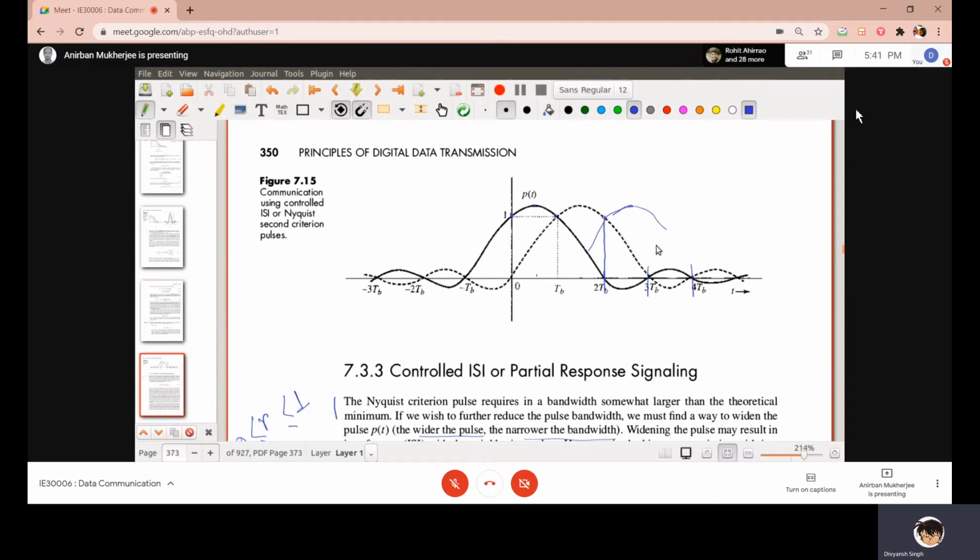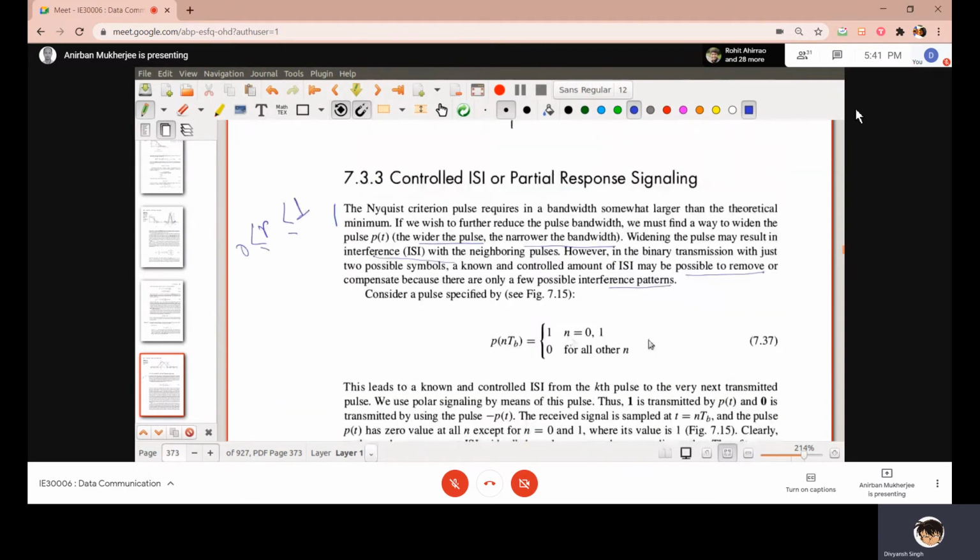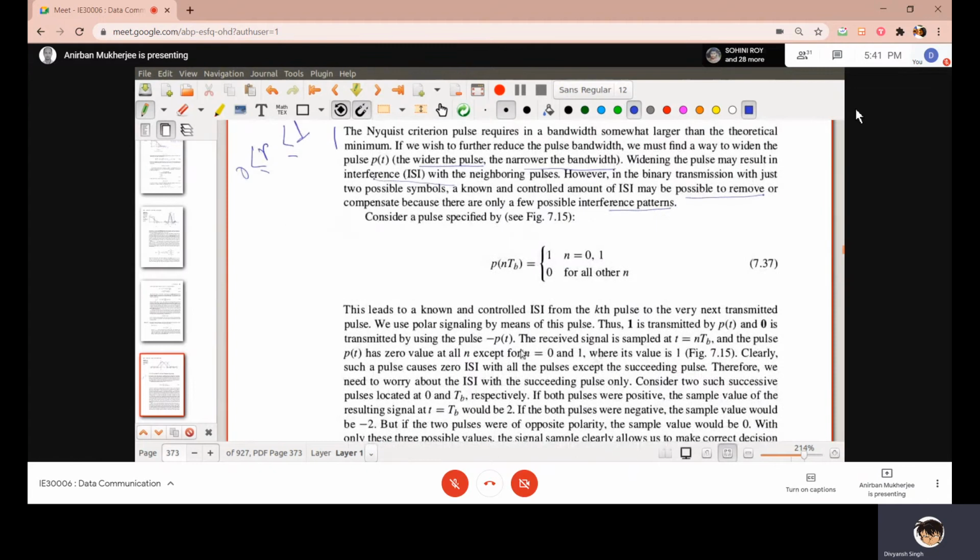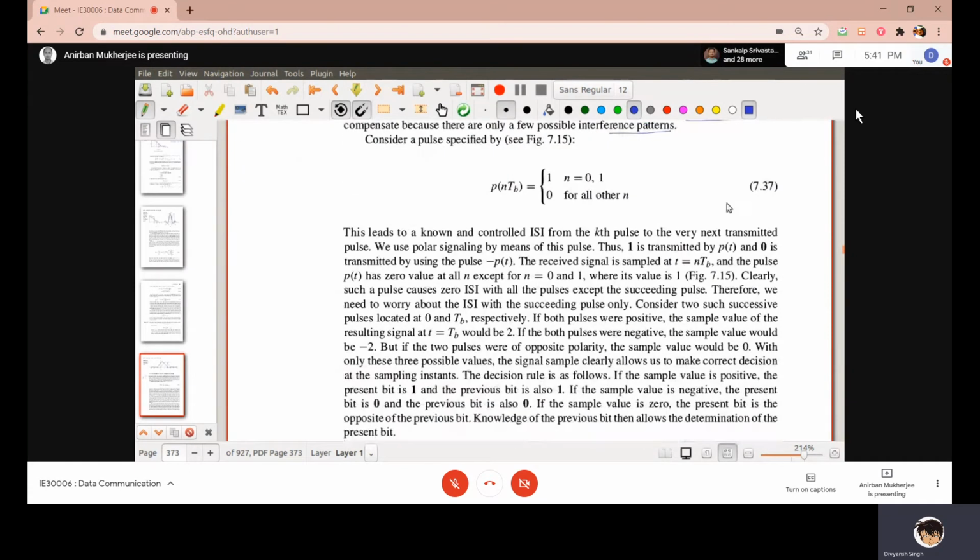Now this leads to a known controlled ISI from the kth pulse to the very next transmitted pulse. So if we use polar signaling, 1 is transmitted by p(t) and 0 is transmitted by minus p(t), because I am doing polar signaling.